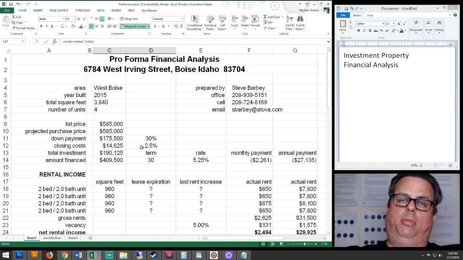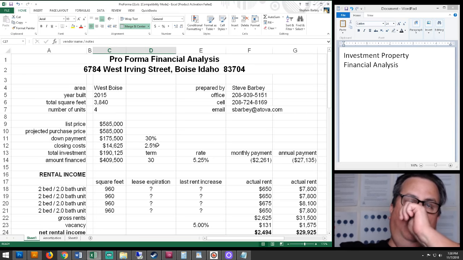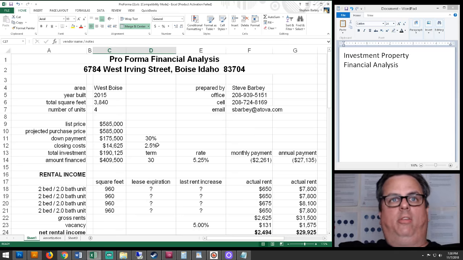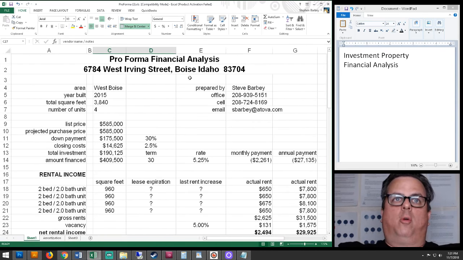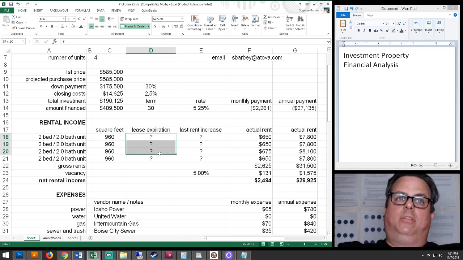So you would do both. But if an investor owner of a fourplex or a duplex or a triplex or an apartment building or an office building or a retail space or anything, you will do a pro forma financial analysis. And when you do that, you're going to want to ask them for this information.